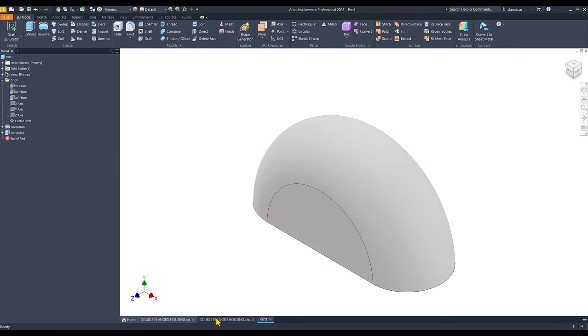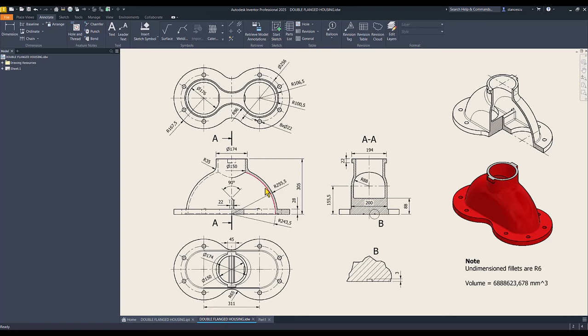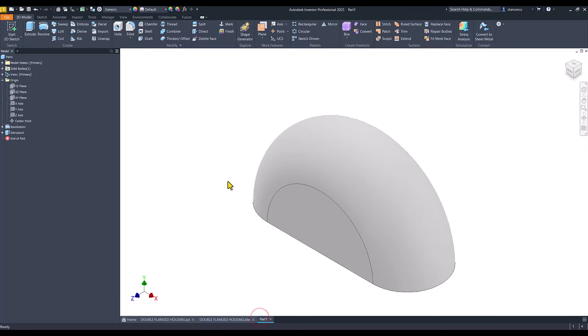Then we apply shell to obtain this shell. The thickness is the difference between these two dimensions, 255.5, 243.5. Okay, shell.